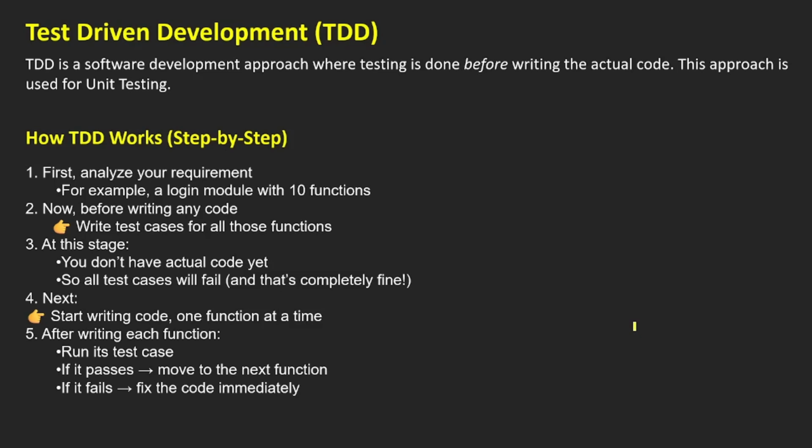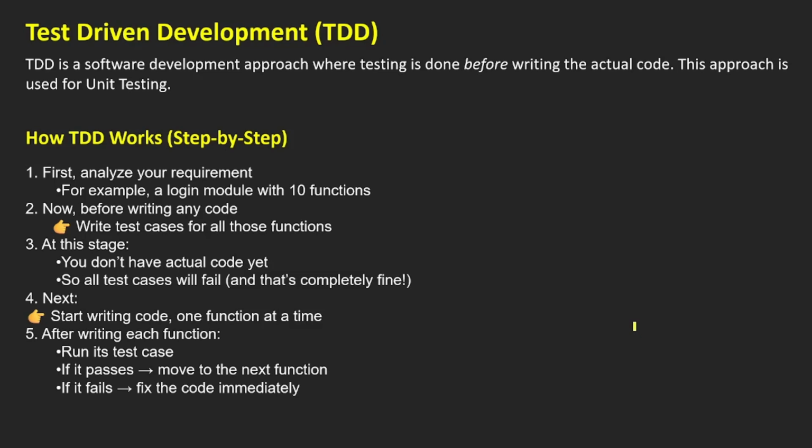So before test-driven development, we used to follow the traditional approach. Let us take a simple example. Suppose I ask you to write a program to add two numbers. What would you normally do? You would first write the complete code to add two numbers and then execute it.